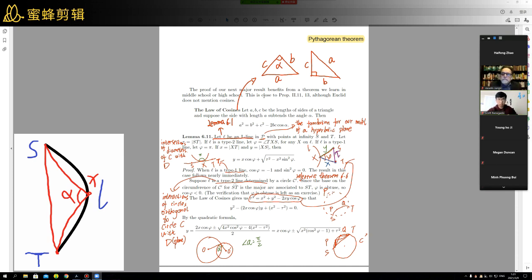We get the formula a squared equals b squared plus c squared minus 2bc cosine alpha. You may be familiar with the Pythagorean theorem, which is the case when alpha equals the right angle: this part is zero, and the formula becomes the familiar a squared equals b squared plus c squared.